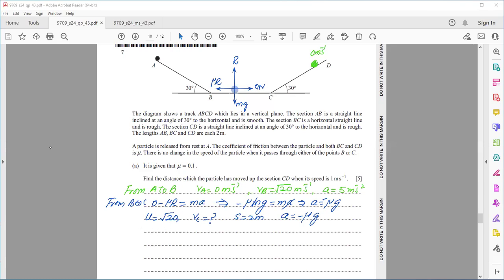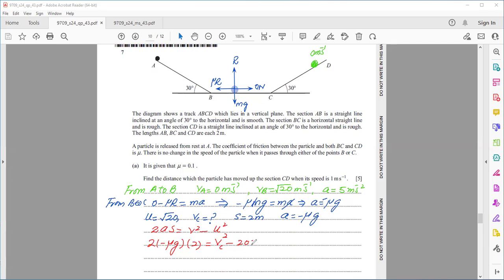That equation will be 2as is equal to v square minus u square. So 2as, with a as minus mu times g, the acceleration, and s is 2. V square, the velocity at point C, is unknown, minus u square, the initial velocity, that is the velocity at point B, which is already given, root 20.